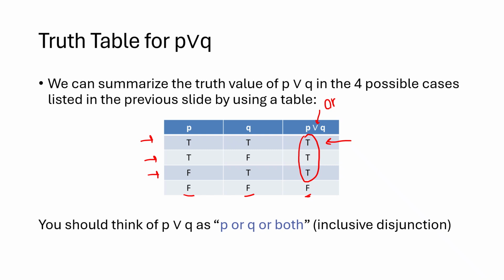So this is the standard or, and for those of you who are interested, there is another connective that is also called or, but it's called exclusive or. And in that case, exactly one of P or Q needs to be true. So if both of them are true, then the exclusive or of them is false, right? So that's a different connective, and obviously it has a different truth table. So yeah, this is how disjunction works.